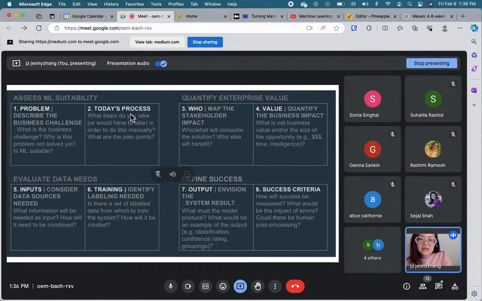Today's process, we'd have to look at monetized creators and how they make videos that actually make them money. Who, in addition to the creators, it would be their audiences, any brands that they're partnering with, and the platforms, right? So TikTok versus YouTube. And all of these should have a person that would be at stake who would benefit from the solution.